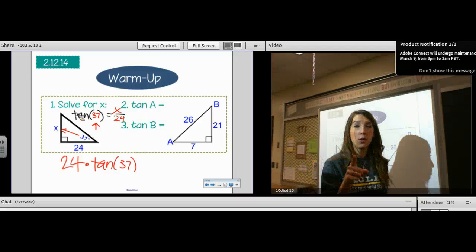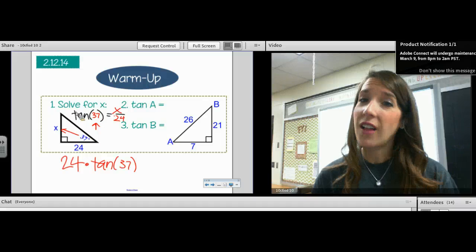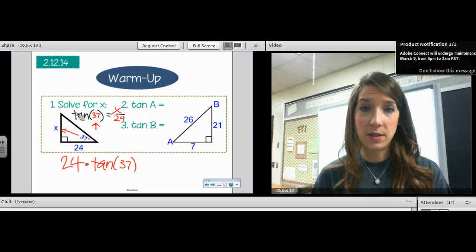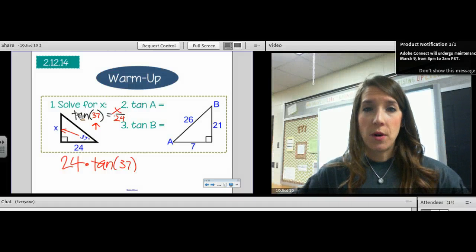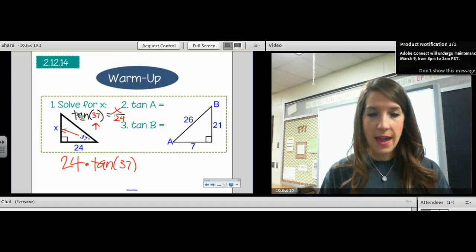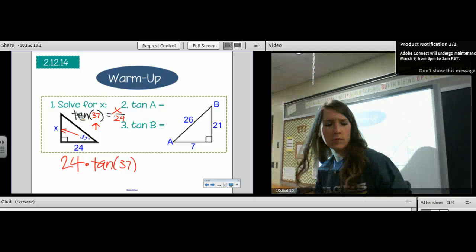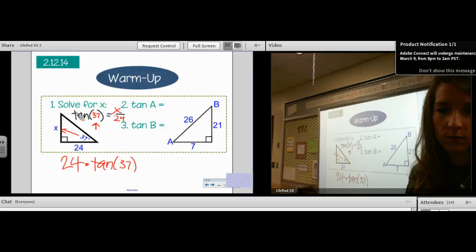And you always do a mode check. If you're using those online calculators, a lot of them are automatically in radian mode. So you need to figure out how to convert them to degree mode, how to switch the settings to degree mode. So you always need to do a mode check, make sure you're in degree mode. And what did y'all get? 24 times tan 37. 18.